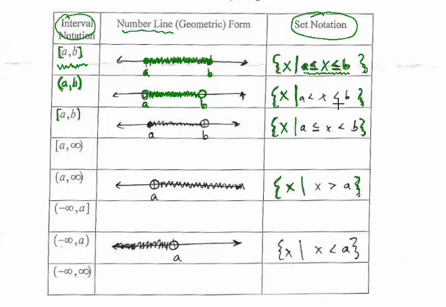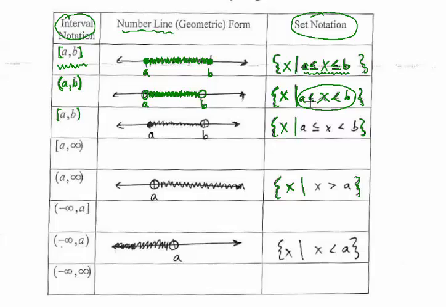And now to draw the set notation, we have our bracket, X, bar, and then we express the shaded part of the number line in terms of inequalities. X is in the middle of A and B. So we write X is less than B and greater than A. Okay, so visually it is in between the A and the B, just like visually you see the shaded part between the A and the B on the number line.